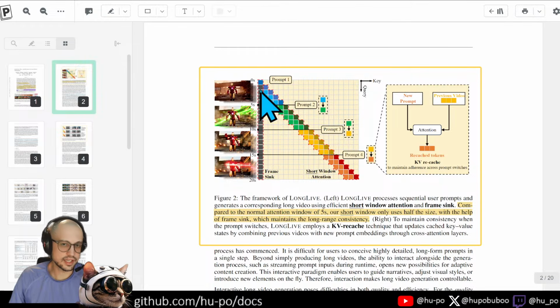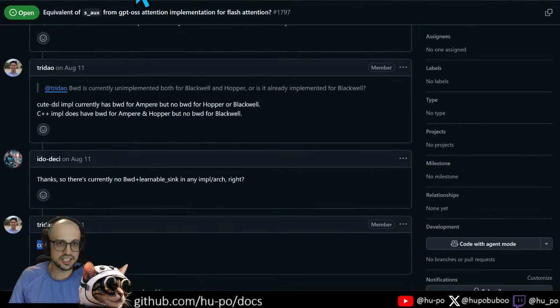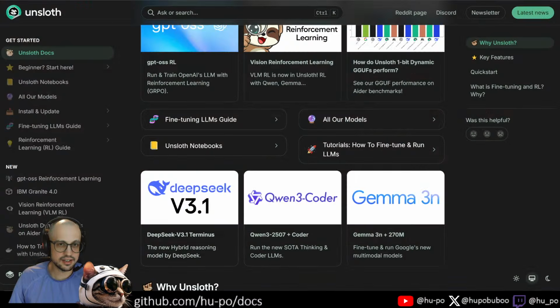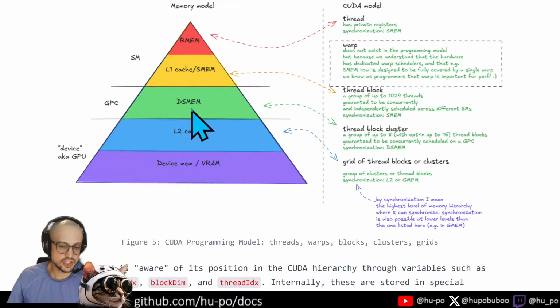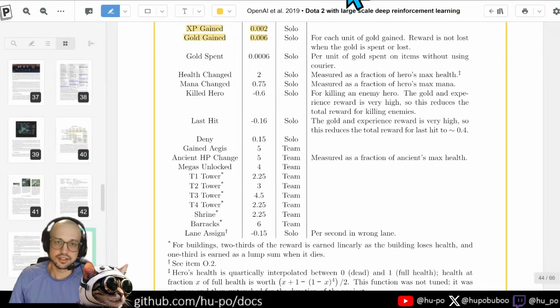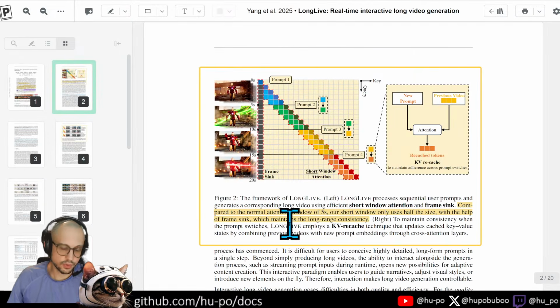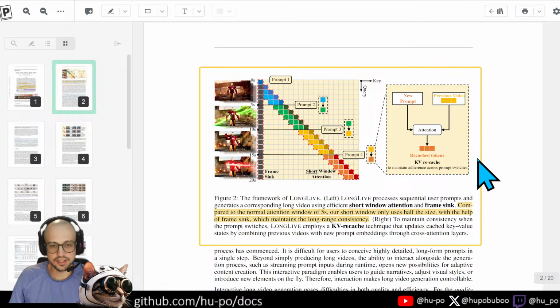Basically the same thing, but for video generation. That's pretty good, because what that tells you is that this implementation that Unsloth made for attention sink can now potentially be used for this type of stuff here, right?